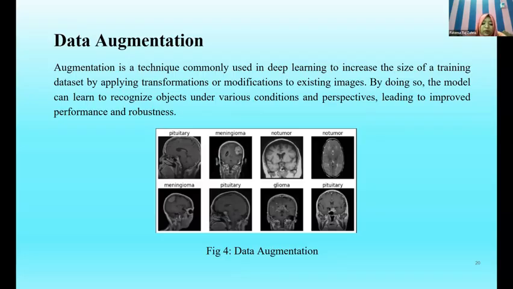This makes the model more robust and invariant and prevents overfitting. For example, a rotated brain scan or a flipped image should still be correctly classified by the model, and data augmentation ensures the capability of the performance of that model.